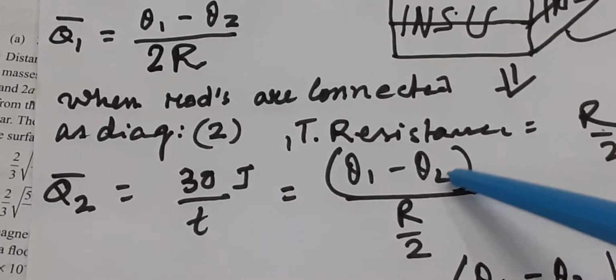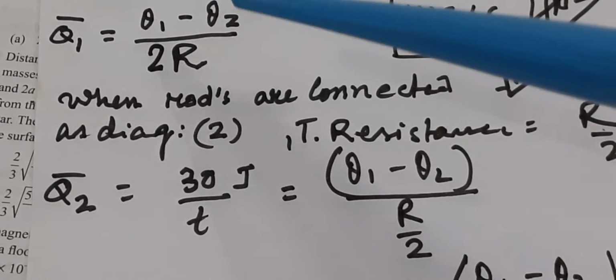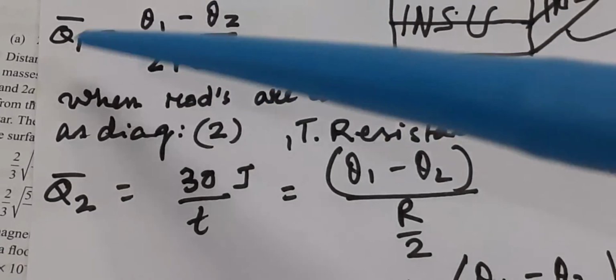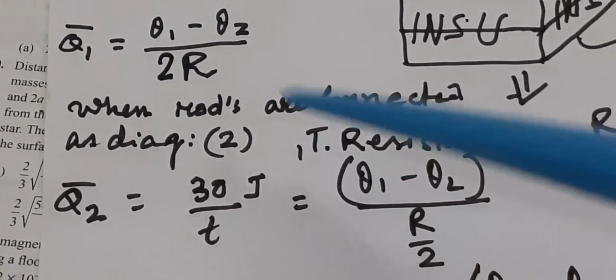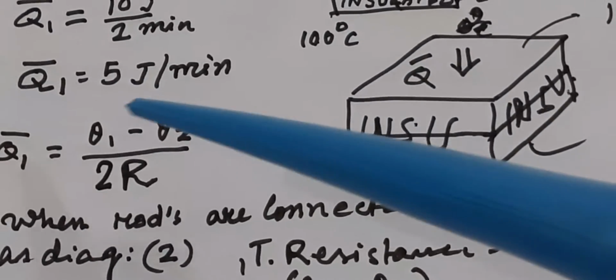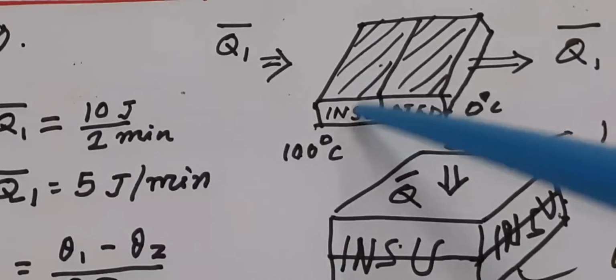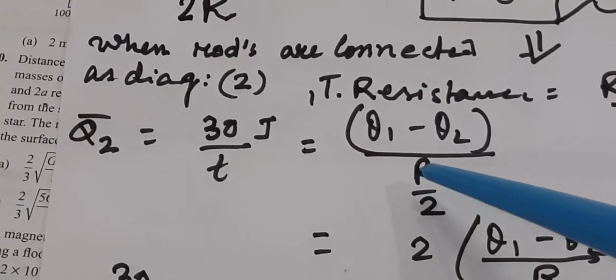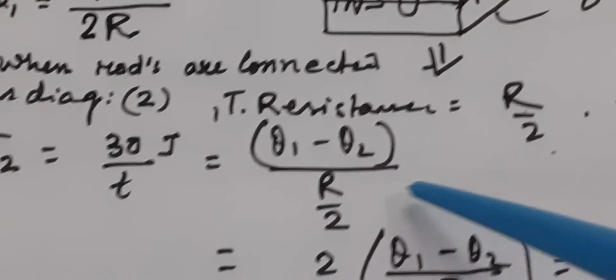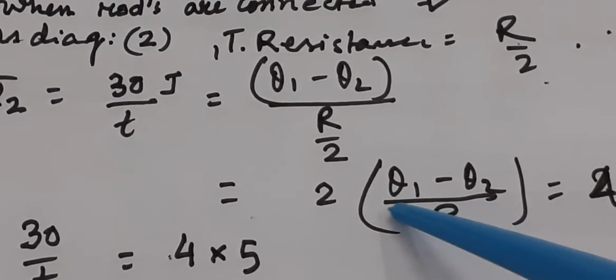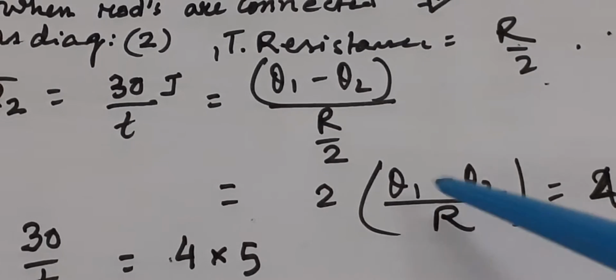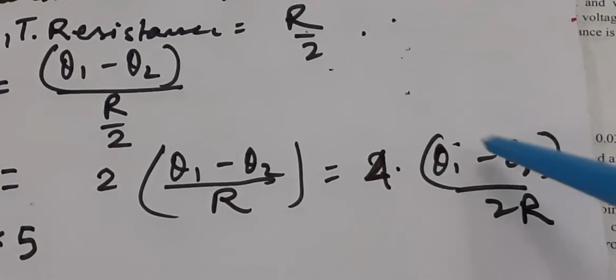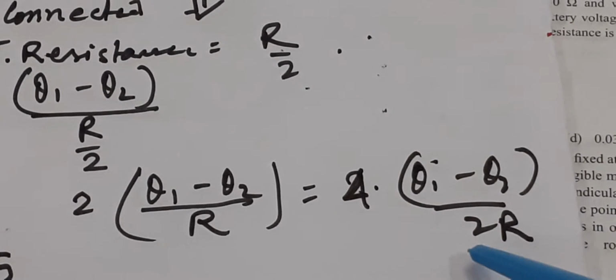Now theta 1 minus theta 2 divided by 2R is nothing but 5 joules per minute, as it is known here, for the series arrangement. That means this can be replaced by 5 joules per minute. If you rewrite this, dividing by R in the parallel case, we multiply by 2 and another 2 here, that means it will become 4 times the same expression, theta 1 minus theta 2 divided by 2R.